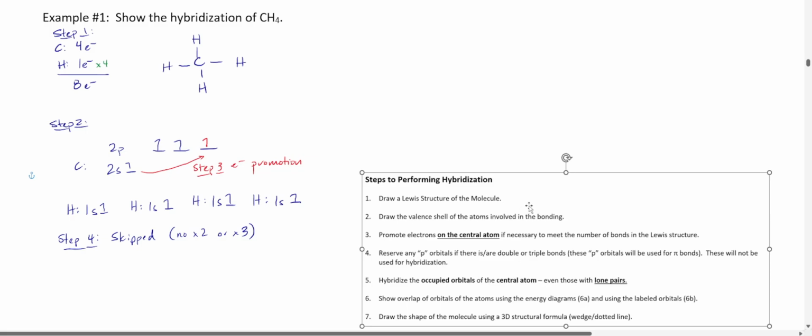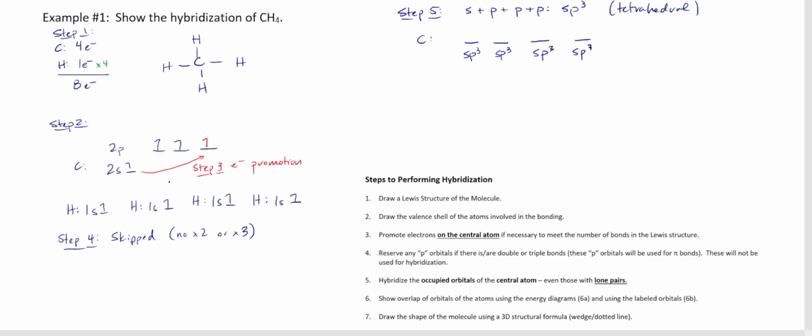Okay, I'm going to move this over to this, just down here. And it says step 5, hybridize the occupied orbitals of the central atom. So let's write that up here, step 5. My hybridization is S plus P plus P plus P. So I'm going to get sp3 hybridization, which forms a tetrahedral structure. So I get 4 orbitals on carbon, and each of them are sp3 hybrids.